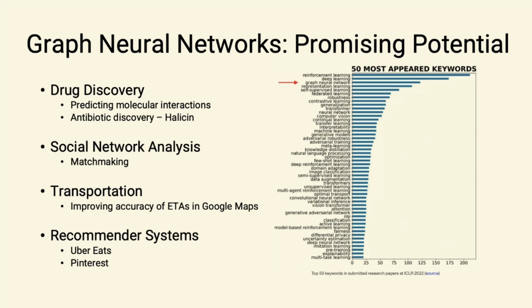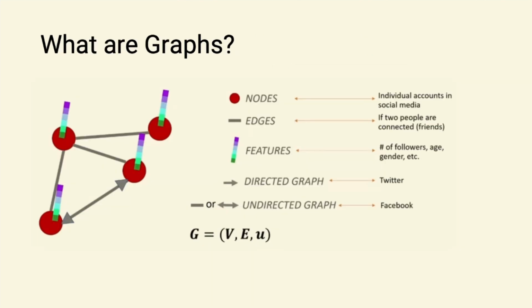If you want to learn more about that, I do recommend looking at how exactly these companies are using graph neural nets. But before we dive deeper into what graph neural networks are, I wanted to quickly touch on what graphs are to begin with. Graphs are a very versatile, very flexible type of data structure, and that's one of the reasons I like them so much.